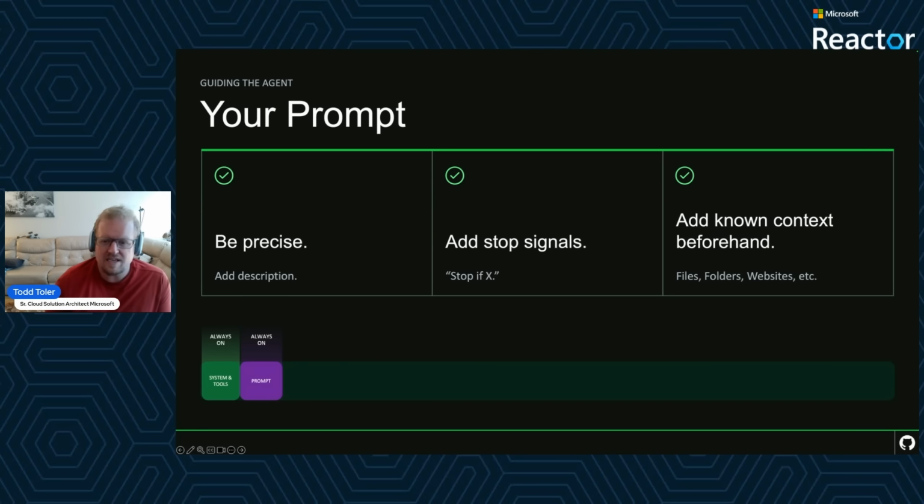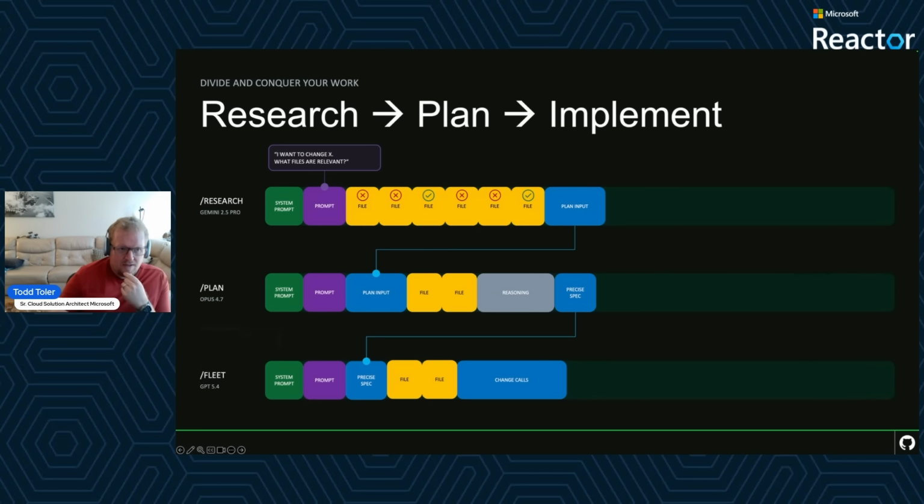Especially if it's going to be a long, drawn-out session where you're talking with Copilot consistently, you want to have the right context in place in the beginning, so that you can be as precise as possible. Give it exactly what you need, but not anything more.